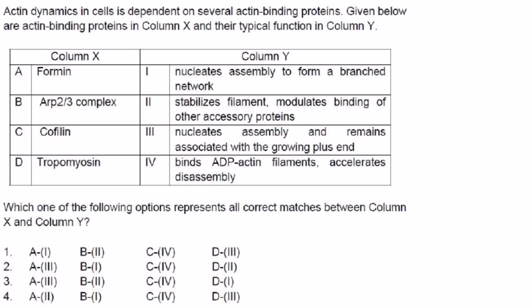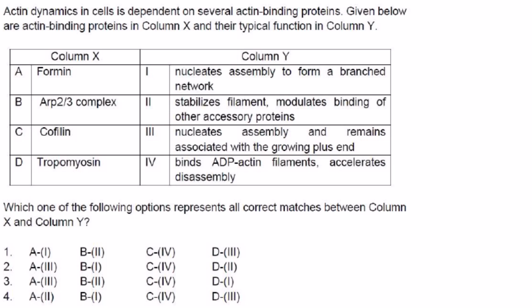Then next one. Actin dynamics in a cell is dependent on several actin binding proteins. Given below are actin binding proteins in column X and their function in column Y. You have to match the following. Actin binding proteins regulate the structure and function of actin.